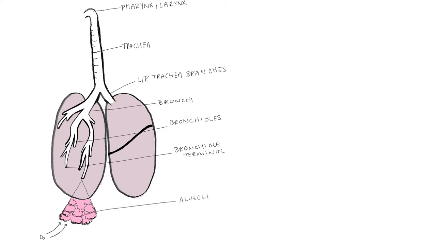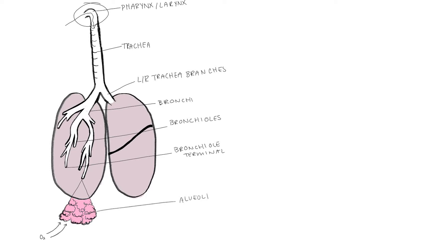So the pharynx and larynx are going to start off the respiratory tract right at the top right here. From your mouth, air moves through the pharynx and larynx, and then it's going to move into the trachea. The trachea is a really flexible cartilage that goes all the way to your lungs, where that air exchange actually happens.